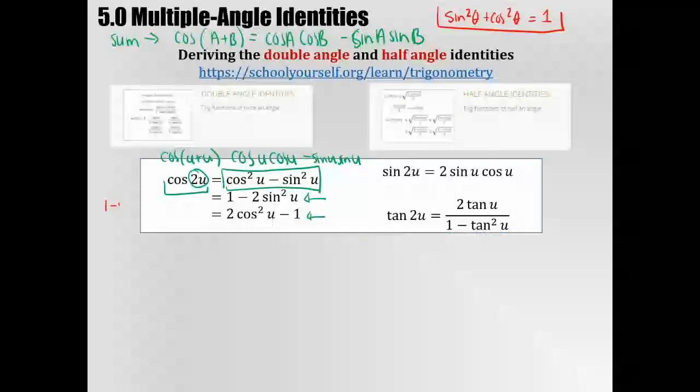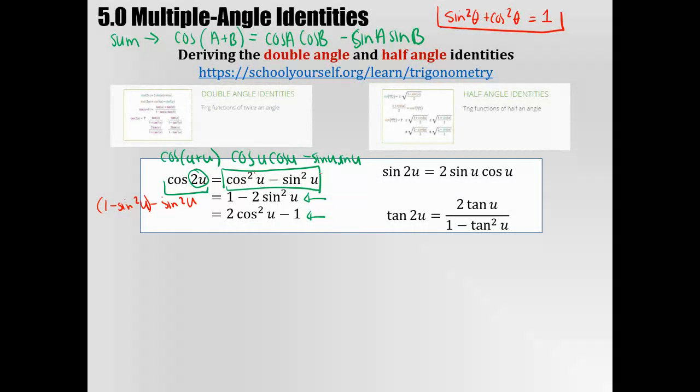So if I've got 1 minus sine squared, just replacing this, minus sine squared, oh, isn't that just this? 1 minus sine squared minus sine squared. So all I did here was take cosine squared mu and replace it with its equivalent from the Pythagorean identity.